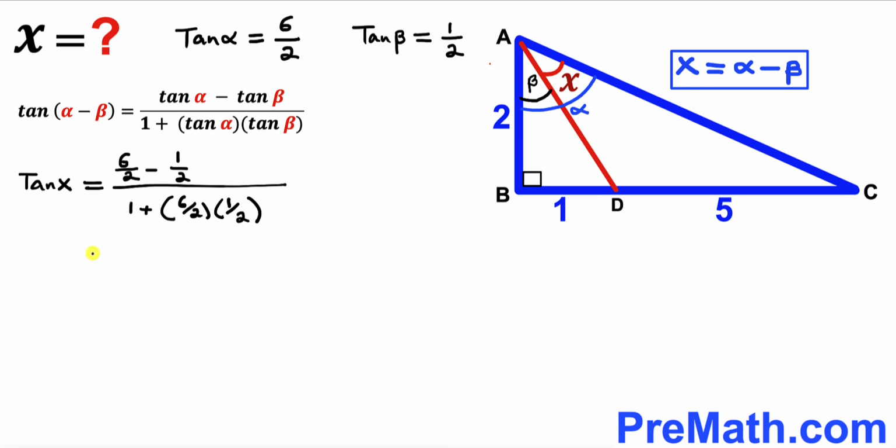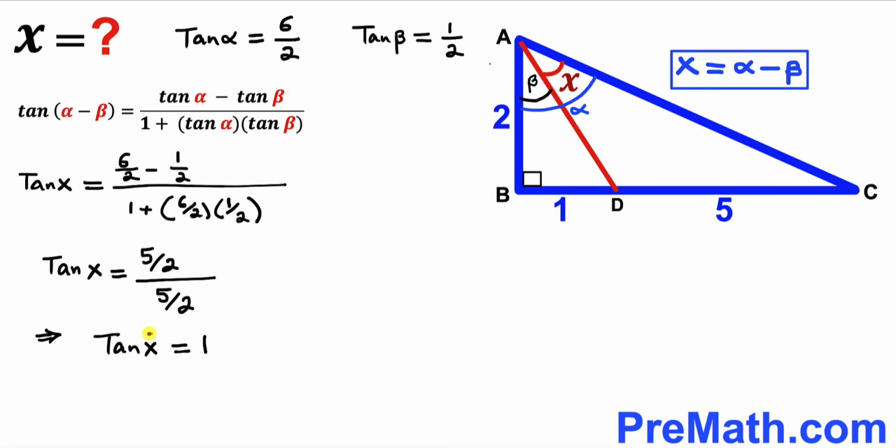So therefore we can write tangent of our angle x is going to be equal to 5 divided by 2 at the numerator and 5 divided by 2 at the denominator as well. And now we can see 5 divided by 2 divided by the same number 5 divided by 2 reduces to simply 1. So therefore we conclude that our tangent of angle x value turns out to be equal to 1.